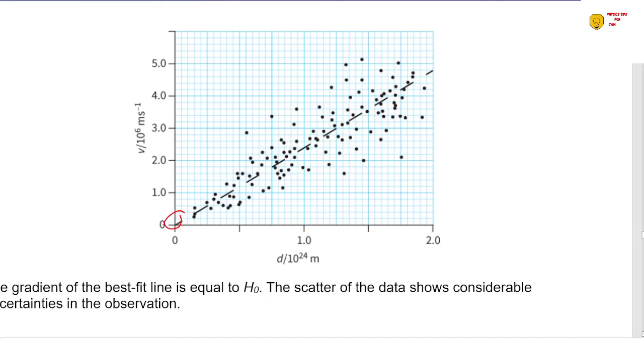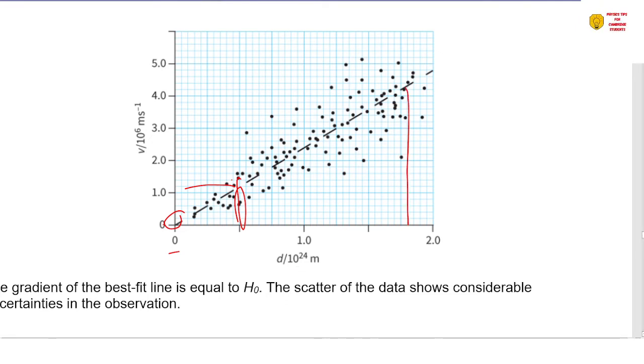Right, so as you can see, for galaxies that are moving with high speeds, galaxies that are far from us, this is the distance from us here. Now when you look at galaxies at this distance here, their speed is relatively small compared to the speed of galaxies that are very far away.